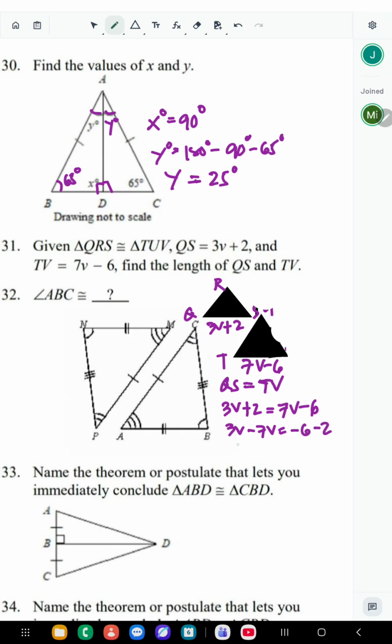So this is negative 4V equals negative 8. We divide by negative 4, so V is equal to 2. Then we solve for QS. QS is 3 times 2 plus 2, so this is 6 plus 2 is 8, and it is equal to TV. So QS and TV are both equal to 8.